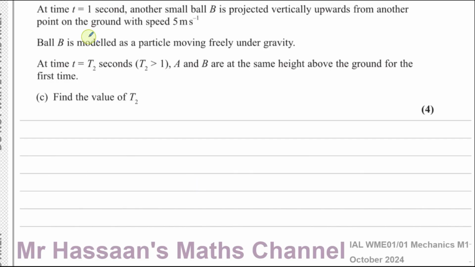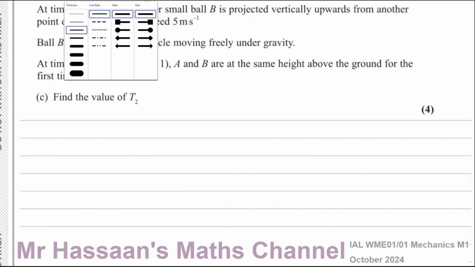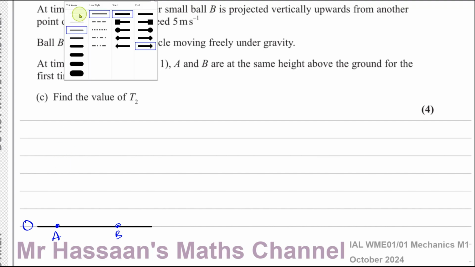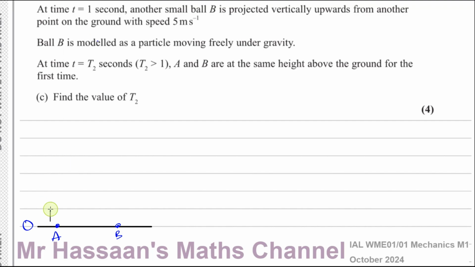So basically, you have a situation where they're both projected from the point O. A is projected first, and then B is projected 1 second later, at t = 1 second. A is projected, as we know from the first part of the question, with a speed of 8 meters per second.